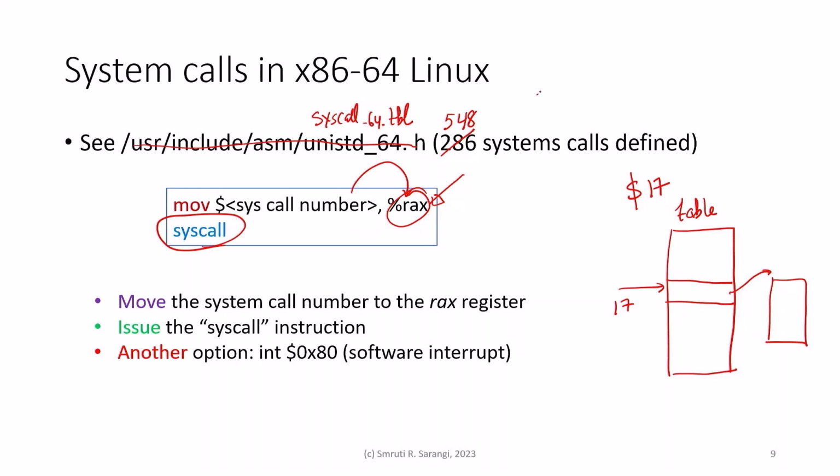And in this case, a function pointer points to the first byte of the function's code. So the point at which you start executing the function, it points to that point.